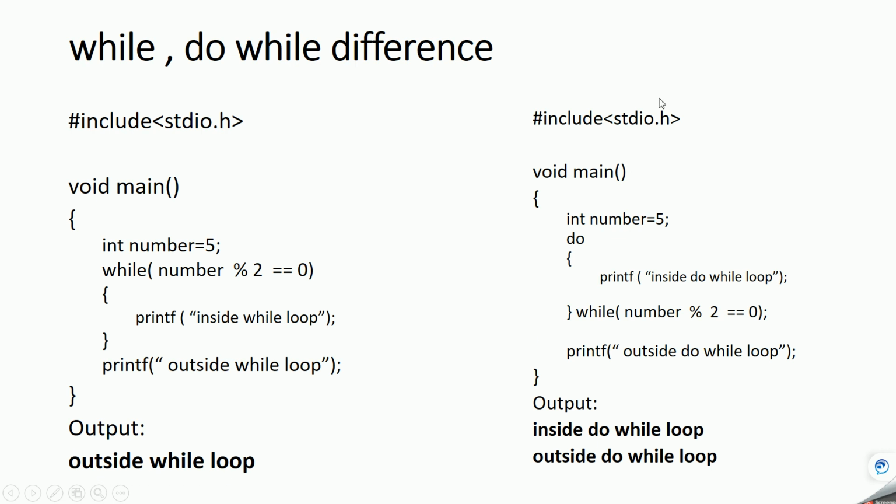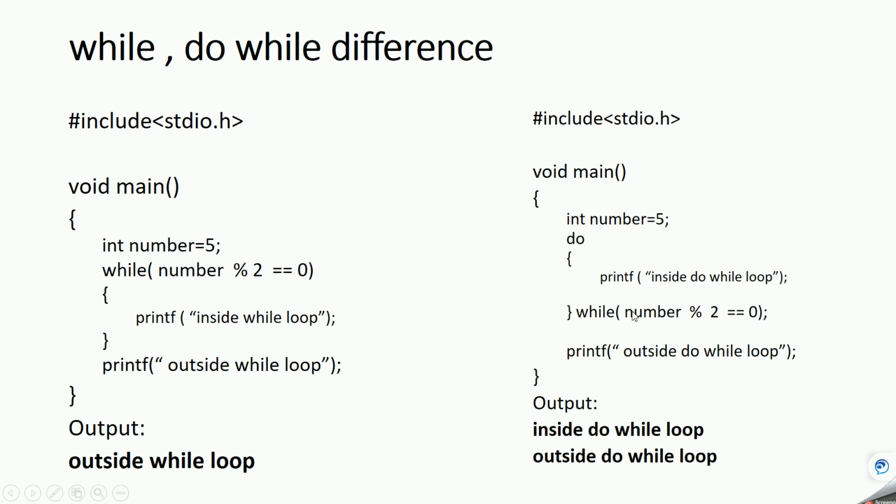Whereas in this case, initially control will go directly inside this body and execute it, and then we'll check for the condition. So 5 modulo 2 means the remainder will be 1. So 1 is equal to 0, it is false.